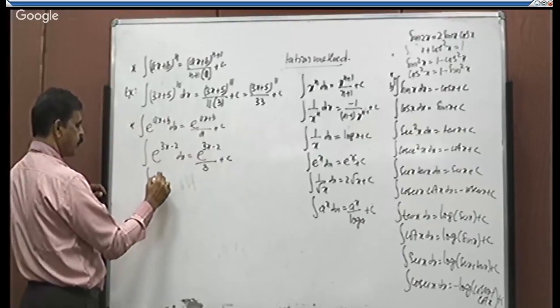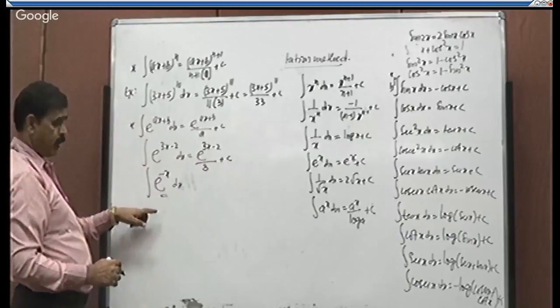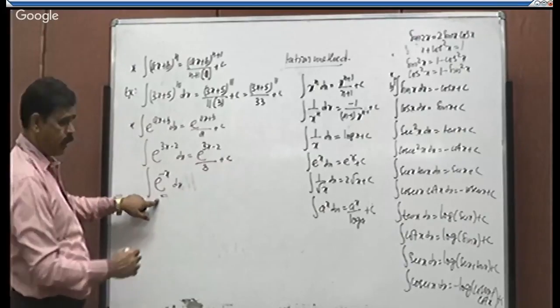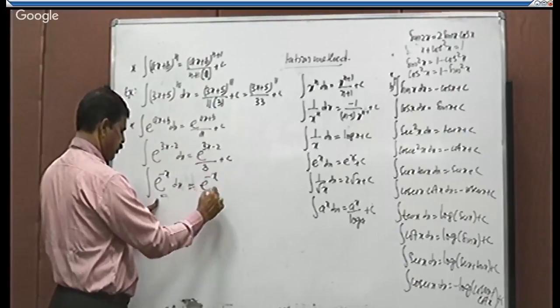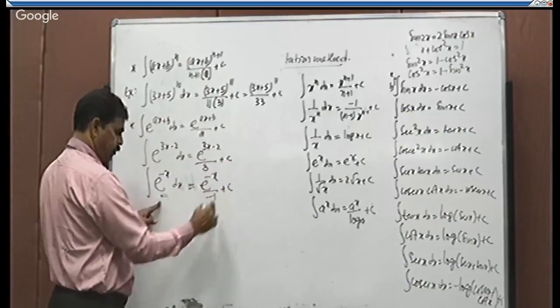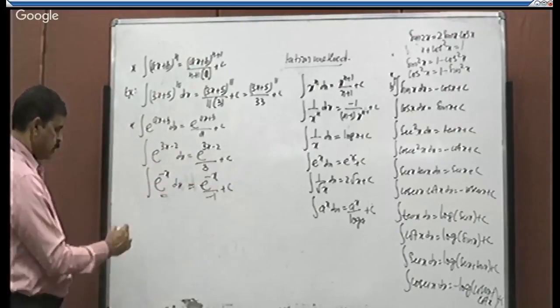Integration of e to the power of minus x is very important. In any case, it will be e power minus x divided by minus 1, because minus 1 is the coefficient of x.